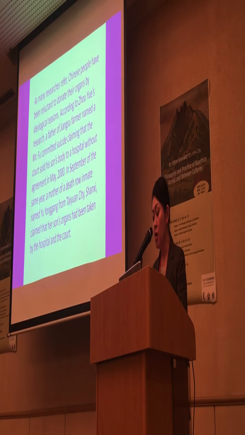In September of the same year, the mother of a death row inmate named Yu Yonggan from Taiyuan City, Shanxi, claimed that her son's organs had been taken by the hospital and the court.